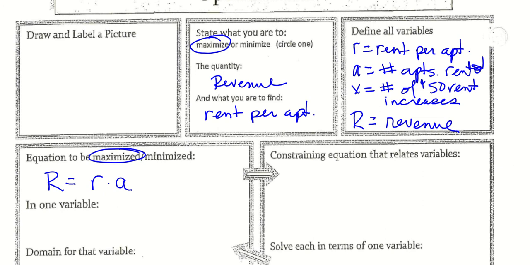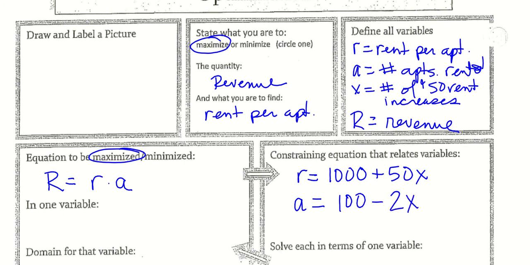That is in two variables, but I know something else. I know that my rent per apartment starts at $1,000 and will go up by $50 every time I raise the rent, so 50 times X. I know that the number of apartments I rent starts at 100 and will go down by 2 every time I raise the rent, so 100 minus 2X.